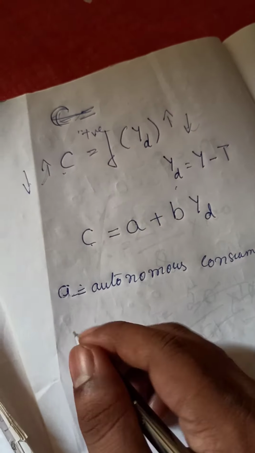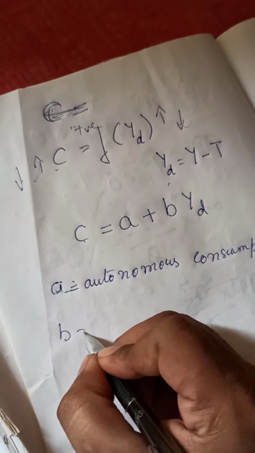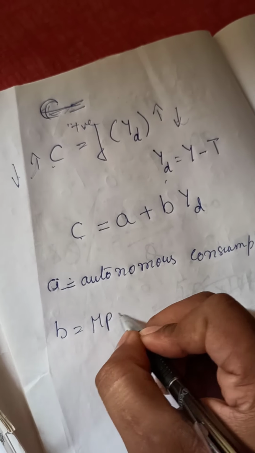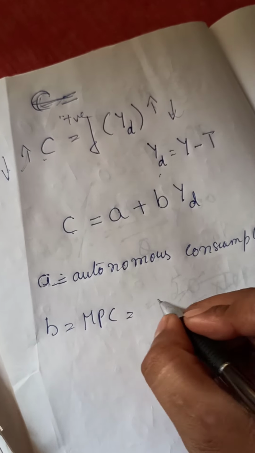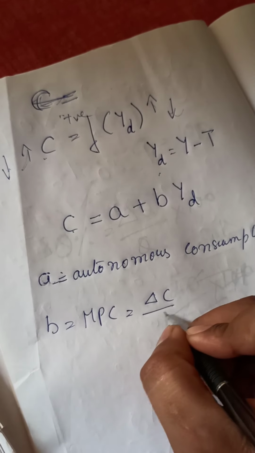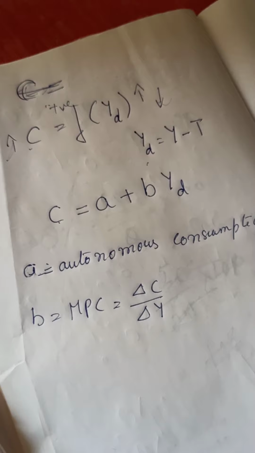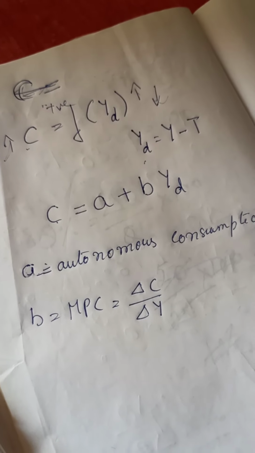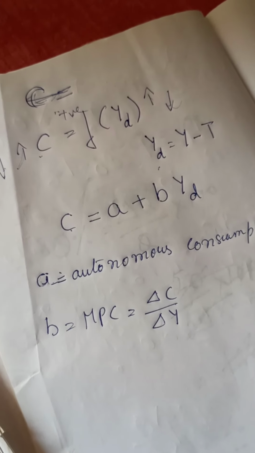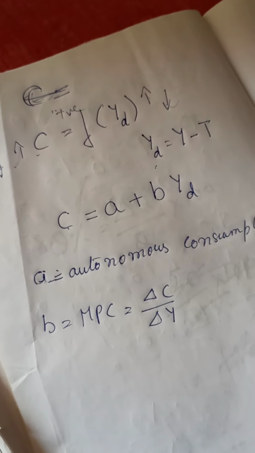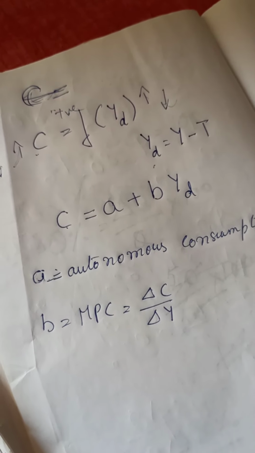And then what is B? B is MPC. Now what does MPC mean? It is basically the change in consumption due to change in income. B tells us if our disposable income increases by 100 rupees, how much change will occur in consumption expenditure.